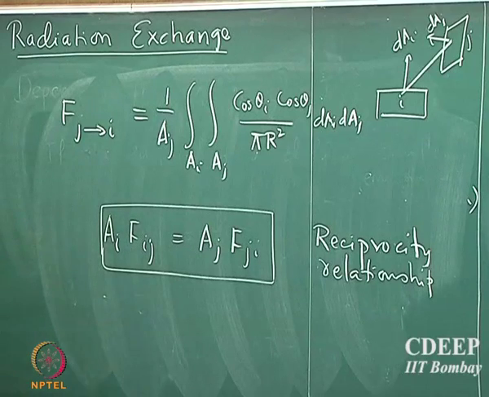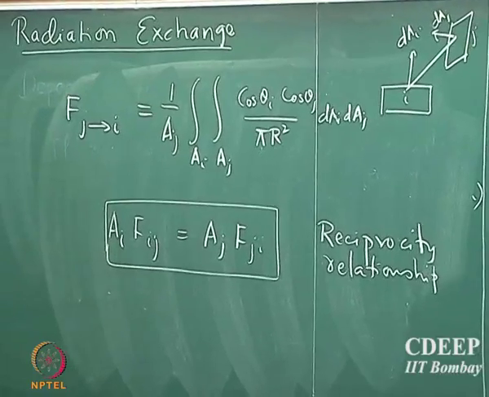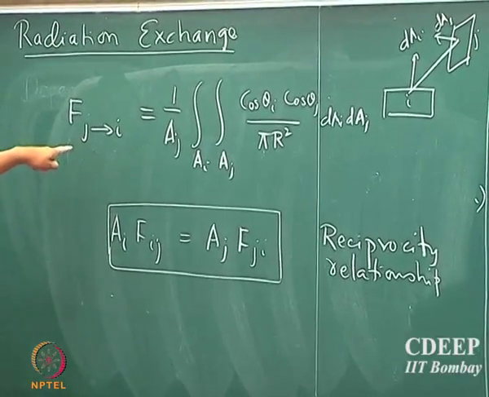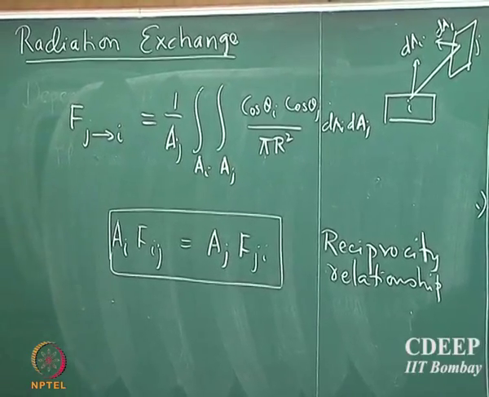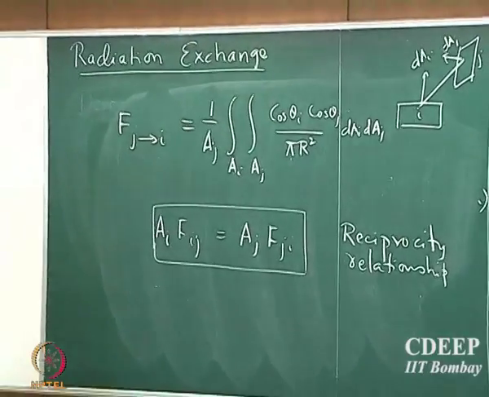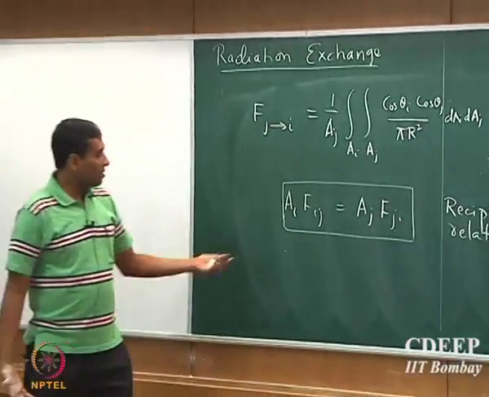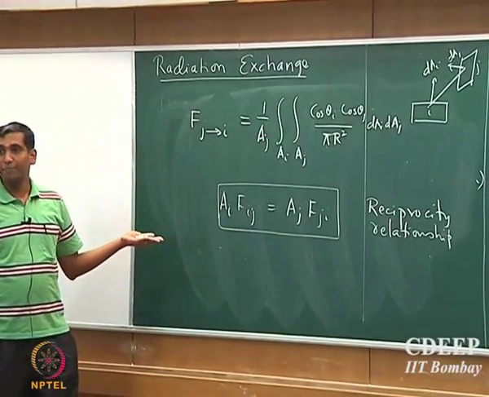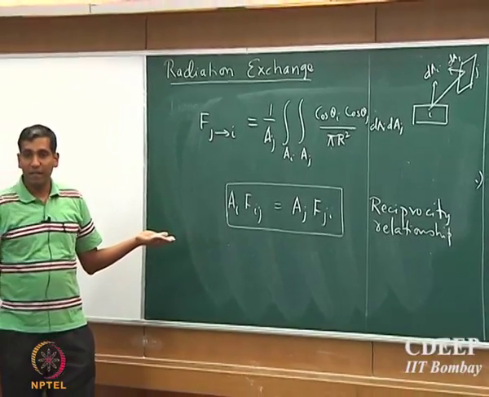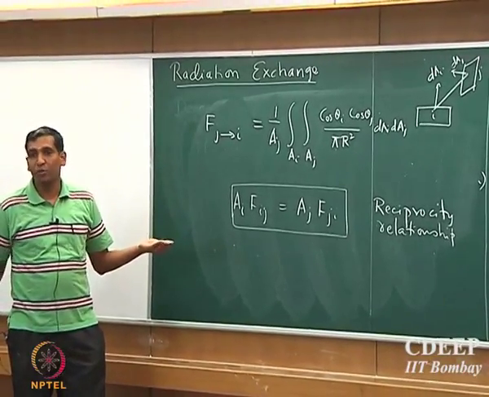So the first exercise, whenever you get a radiation problem to be solved, is to find the view factors. That's the first step when you want to calculate radiation exchange between any surfaces. Such conservation relationships help you in finding various view factors with almost no effort.